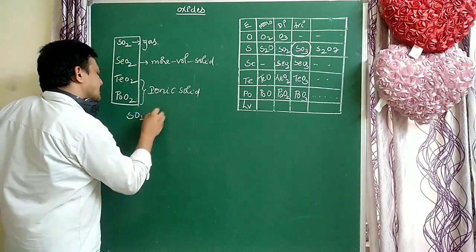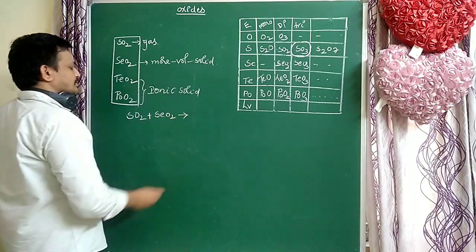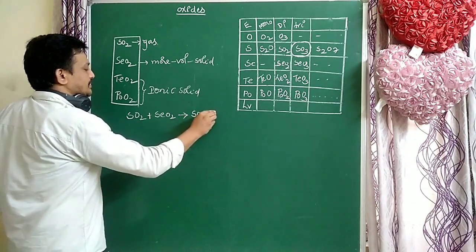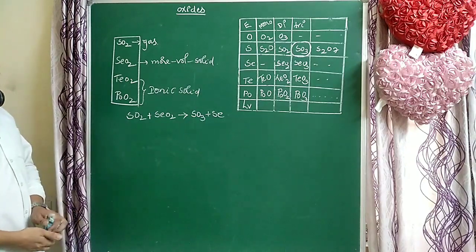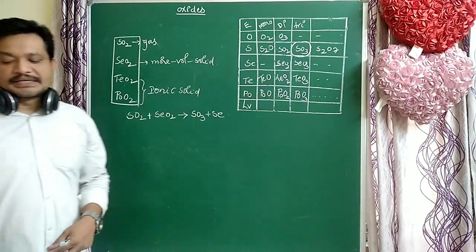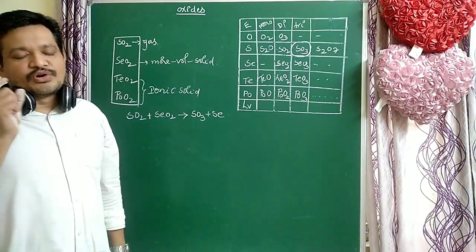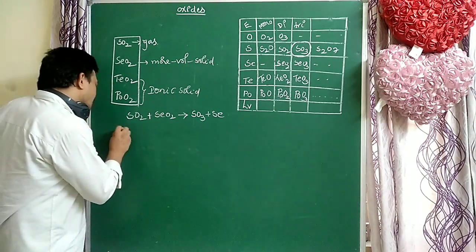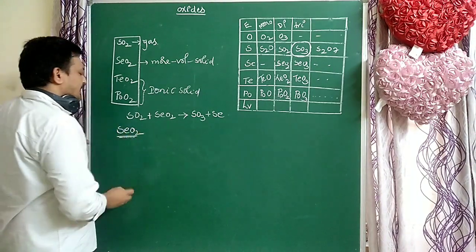SO2 plus SeO2 converts to SO3 plus Se. So here SeO2 is a good oxidizing agent. That is very important in organic chemistry, students. SeO2 is a good, selective oxidizing agent in organic chemistry.